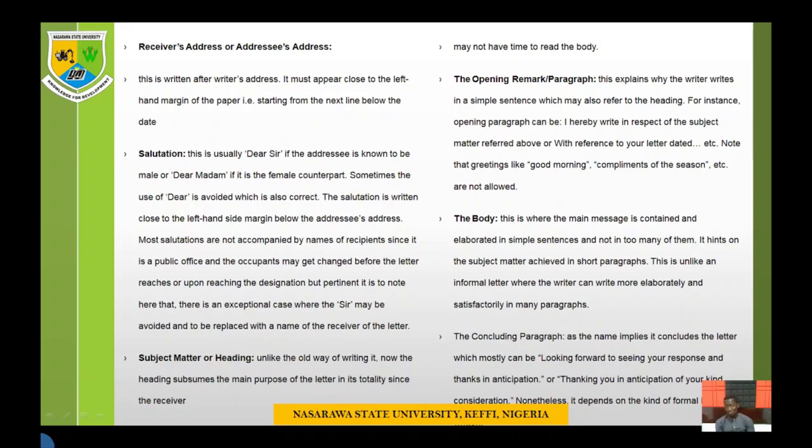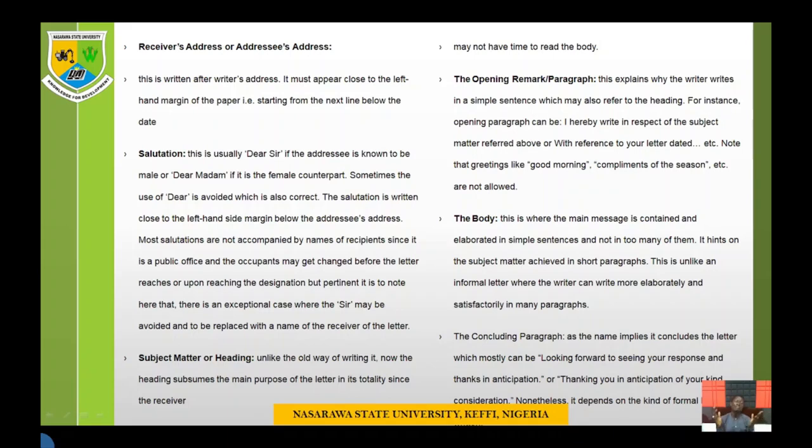But it is pertinent to note here that there is an exceptional case where the sir may be avoided and replaced with the name of the receiver of the letter. It's just a kind of one side of the effect of formal letter. And when we come to discuss types of formal letter, we can see where names appear and where names are not supposed to appear.